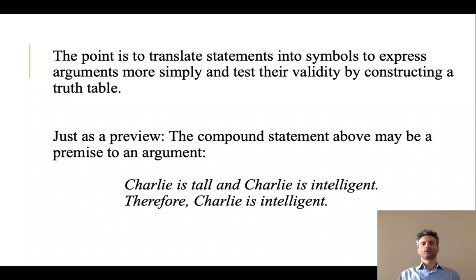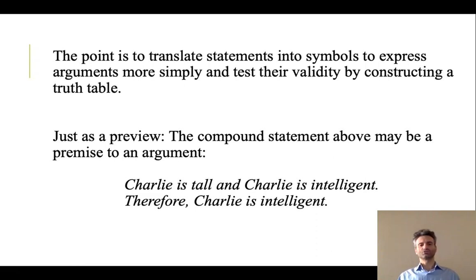So, the compound statement above may be a premise to an argument. For example, Charlie is tall and Charlie is intelligent. Therefore, Charlie is intelligent. Okay? Or any other argument. Charlie is tall and Charlie is intelligent. If Charlie is tall and Charlie is intelligent, then Charlie will study.